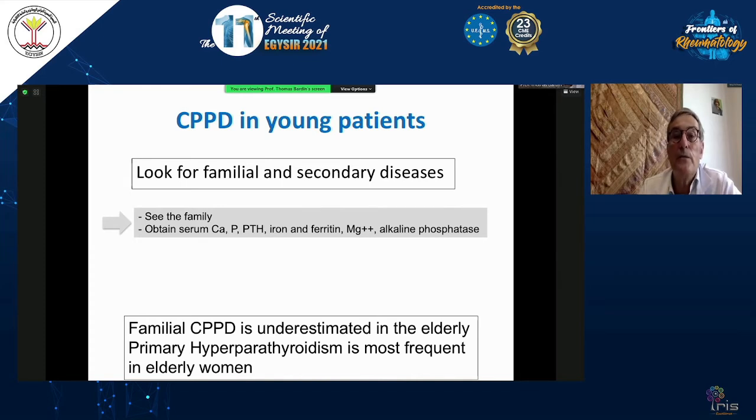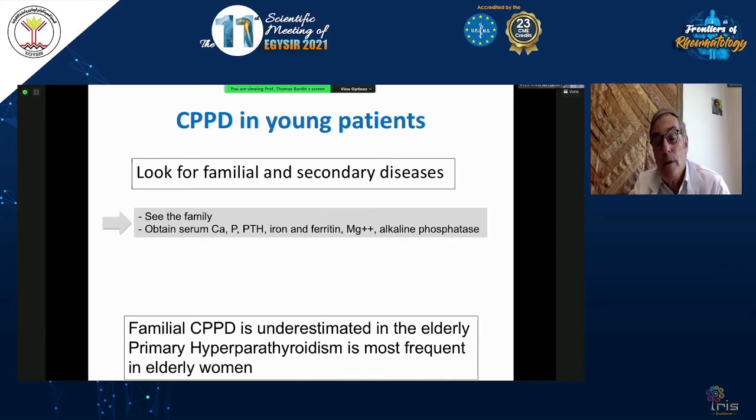So it's important to keep in mind that CPPD in young patients should make us look for familial disease, which starts early, and secondary diseases, especially hemochromatosis, hypomagnesemia, etc. Primary hyperparathyroidism is most frequently seen in elderly women, and I believe that even in the elderly, we should look for primary hyperparathyroidism.